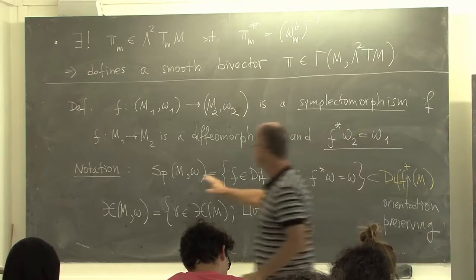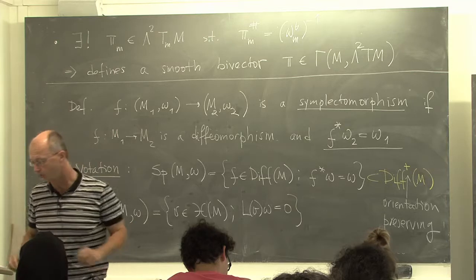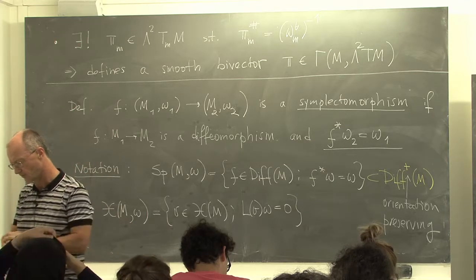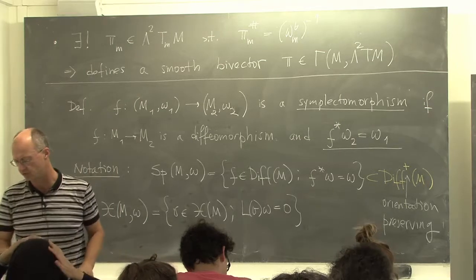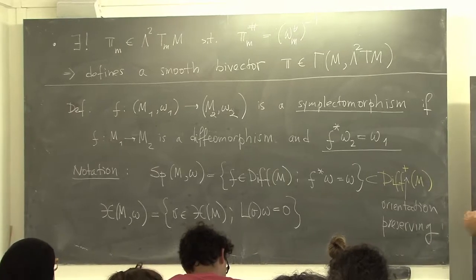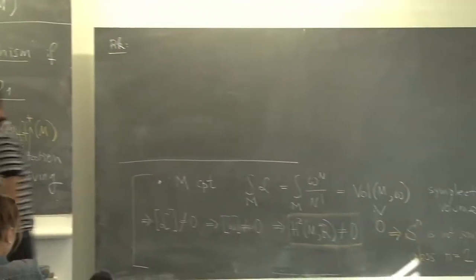So let me return to the relation between symplectic vector fields and symplectomorphisms. This is just perhaps to set up notations.